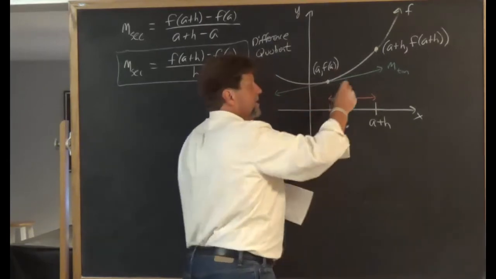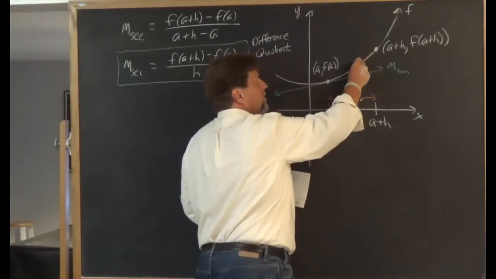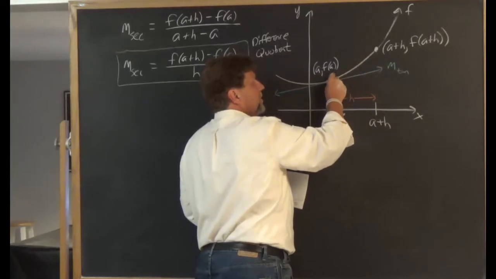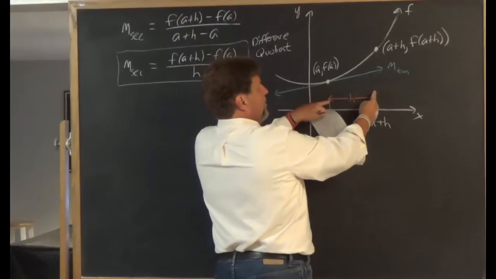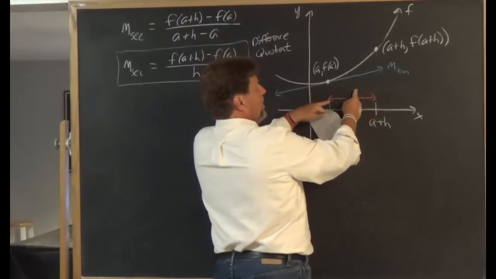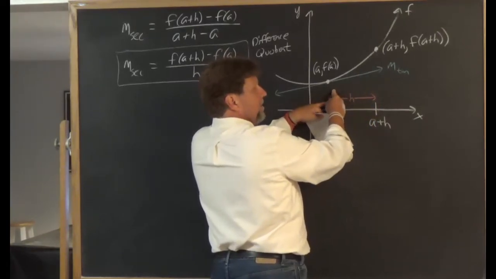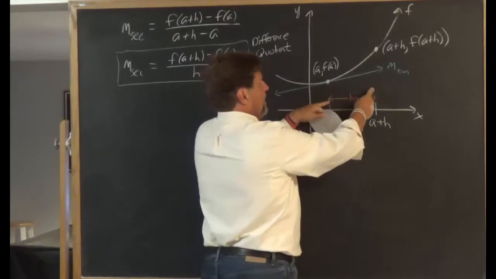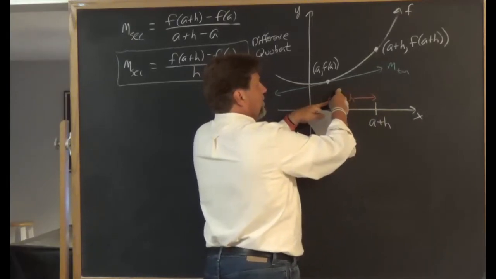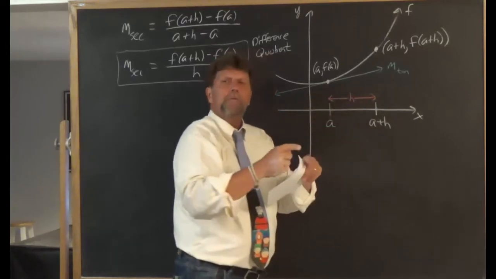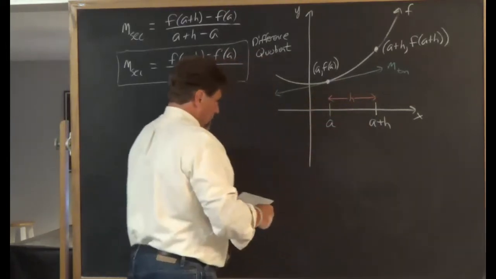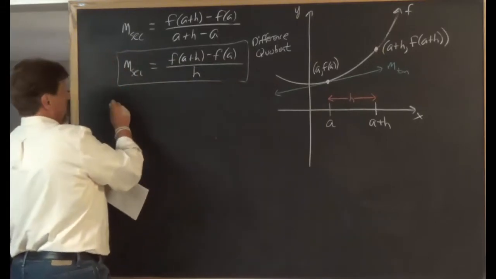So think about this. As these points are getting closer and closer to the point of tangency, that means the value of h would be getting smaller and smaller. In fact, h is approaching nothing. h is approaching 0. So I'm going to write that down.